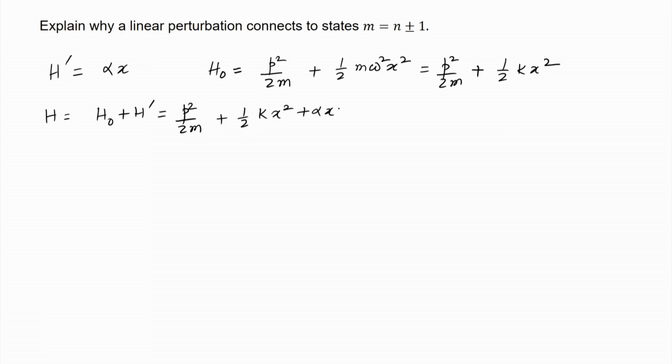Now, of course, the assumption is that alpha is much smaller than 1, so that the perturbation term can be treated as a perturbation, but nevertheless this has an exact solution.